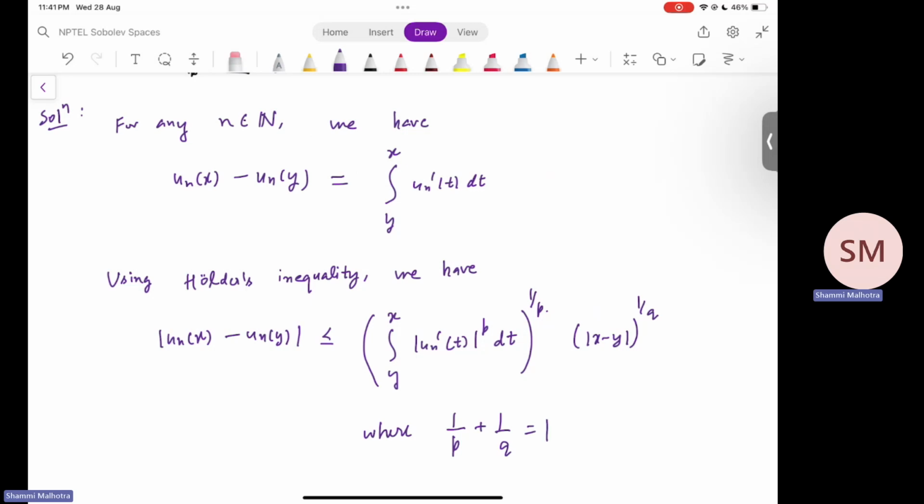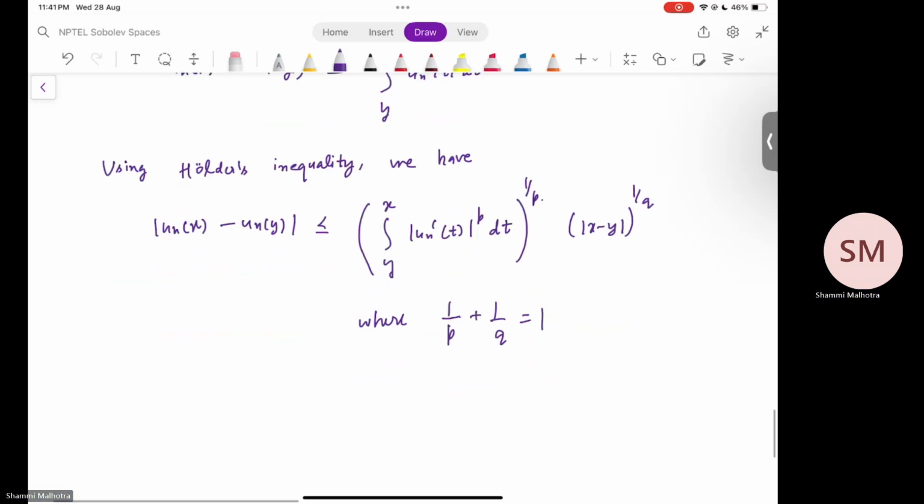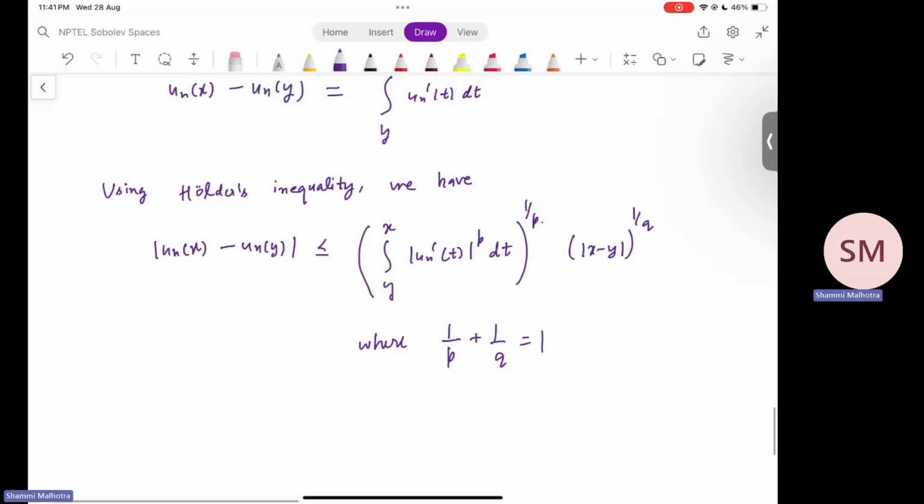This is the Hölder inequality. Using that, we have this thing.